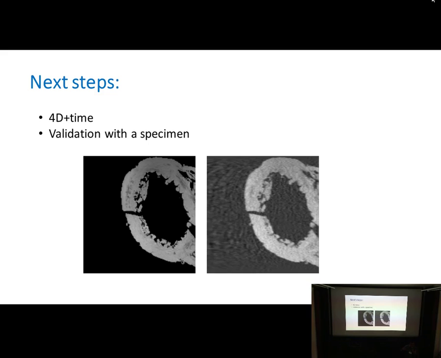So we have to only find the places where we think they are reasonably reliable, and then work on those parts, rather than the whole heart. And we are currently also scanning some other hearts with different pathologies, and seeing under different conditions how those trabeculae are different.